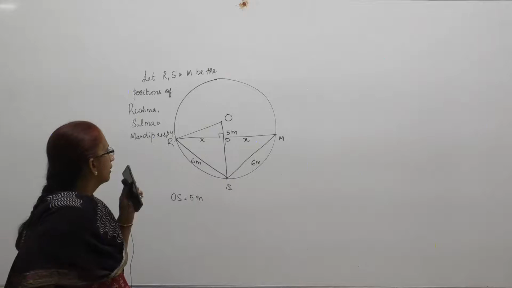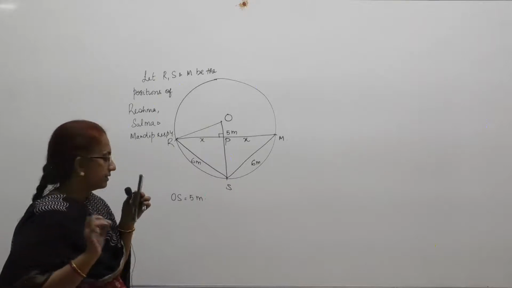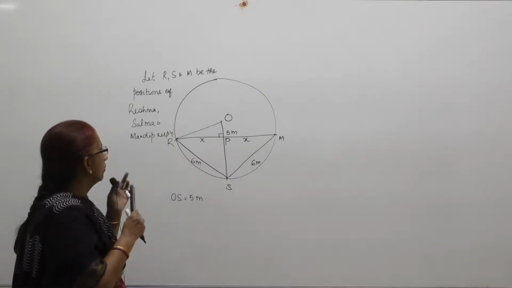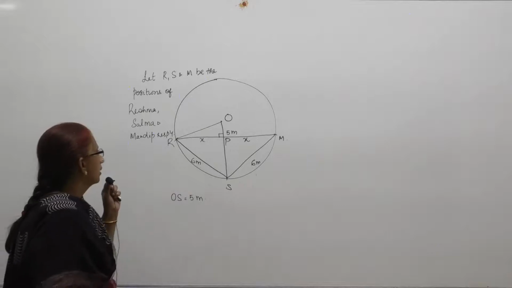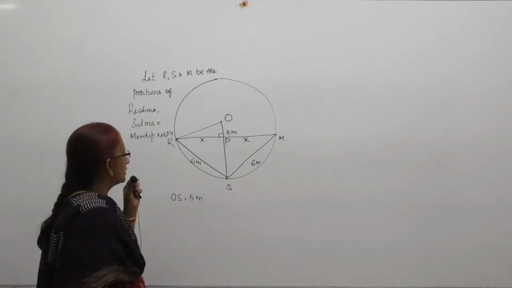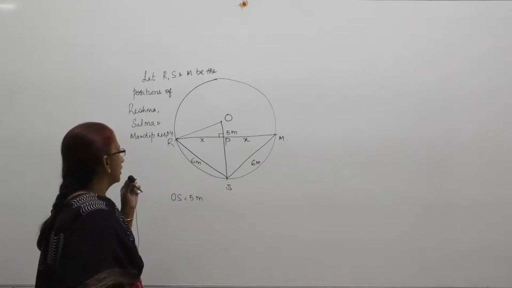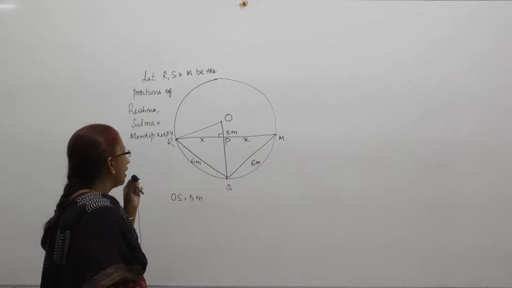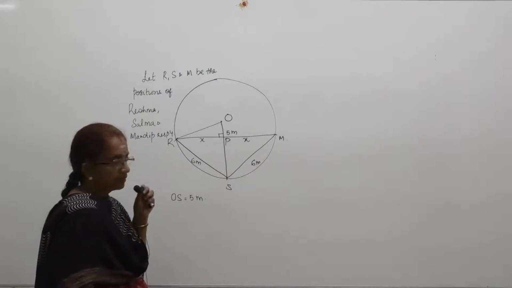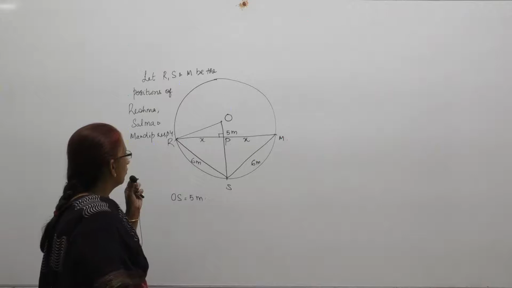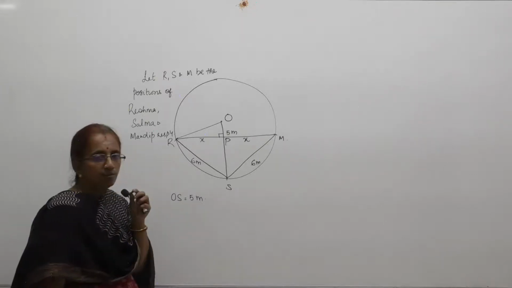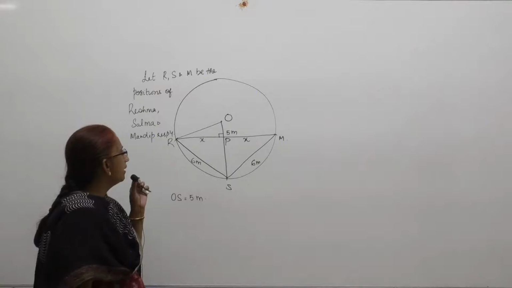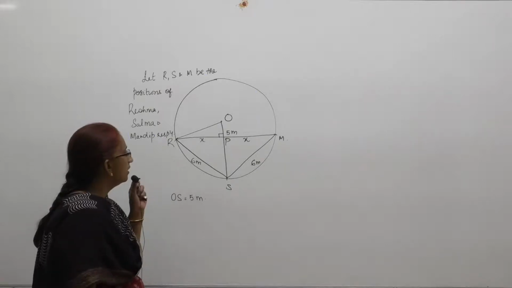Now, consider the triangle ORS. If OS is the base of the triangle, then RP will be the height. Then what will be the area of triangle ORS if OS is the base and RP is the height?